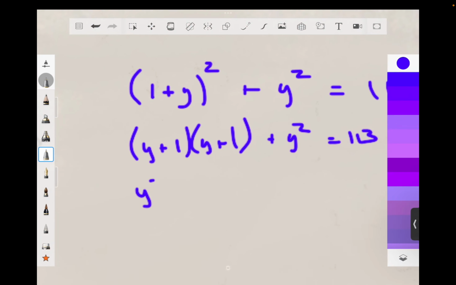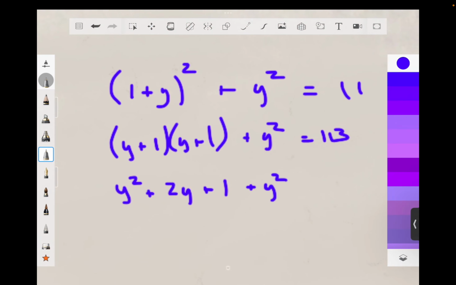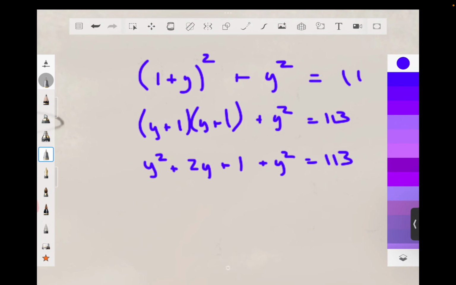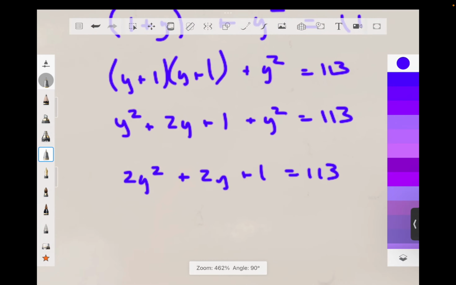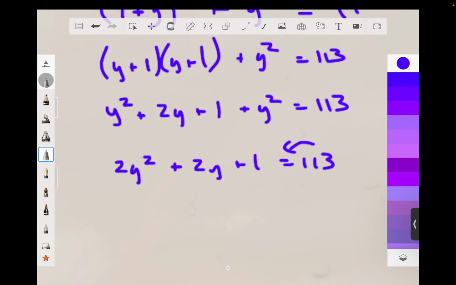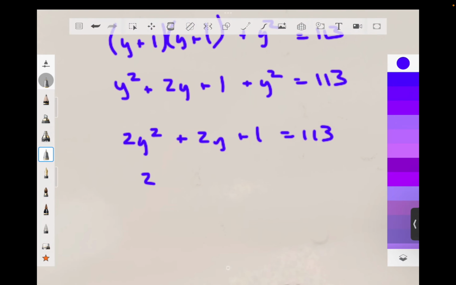This is going to be y squared plus 2y plus 1 plus y squared equals 113. Oh my glob. 2y squared plus 2y plus 1 equals 113. Move 113 to the other side, so it's going to be 2y squared plus 2y minus 112 equals 0.